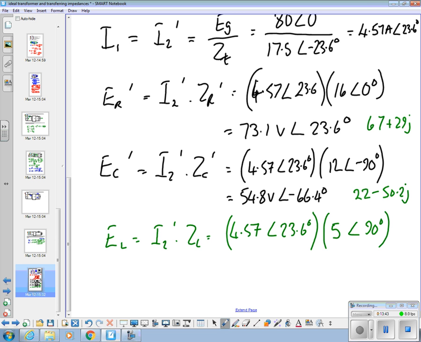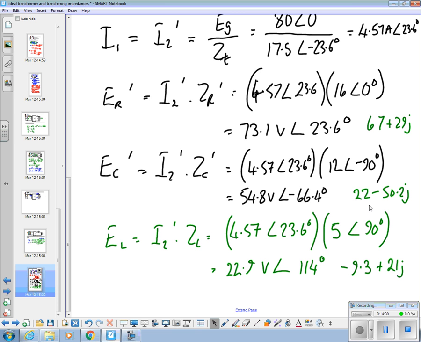Just work that one out. 4.57 times 5 is 22.9 volts angle 114 degrees. And in rectangular that is plus 21j.